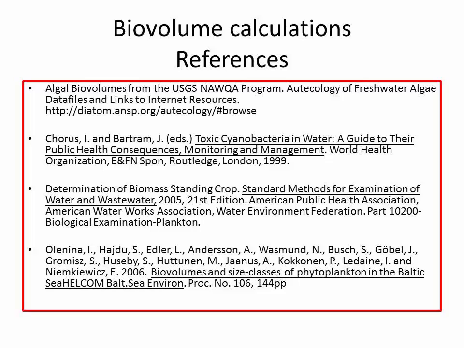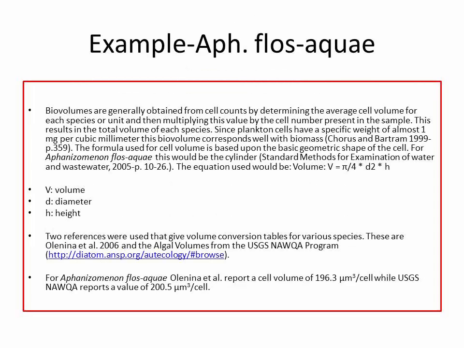There are tables in there for biovolumes. In Europe, the one that I've compared is one done in Scandinavia, 2006, biovolumes and size classes for phytoplankton from the Baltic Sea. And to show you as an example, using Aphanizomenon flos-aquae, what you can find.